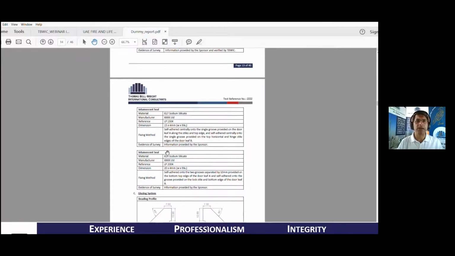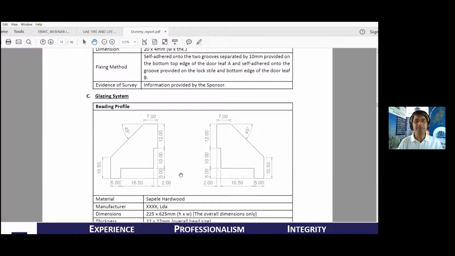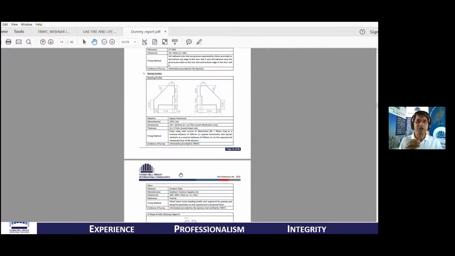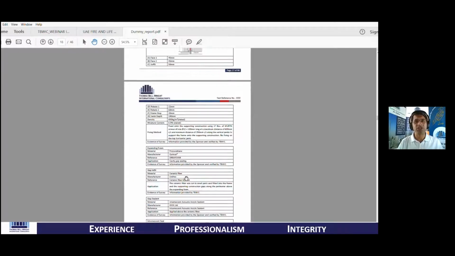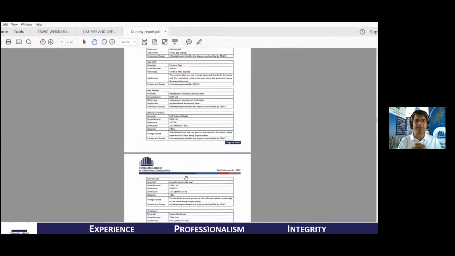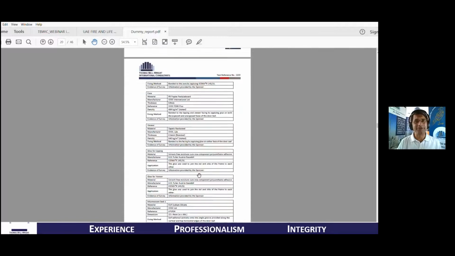All of these details are extremely important, because if the components are changing, if the design is changing from what was brought together and tested, then obviously the result will be very, very different.